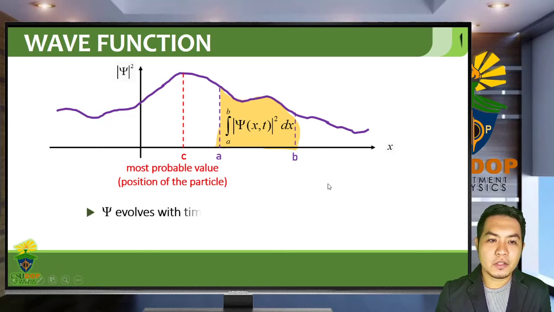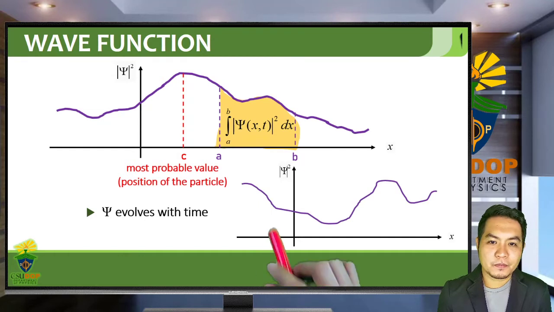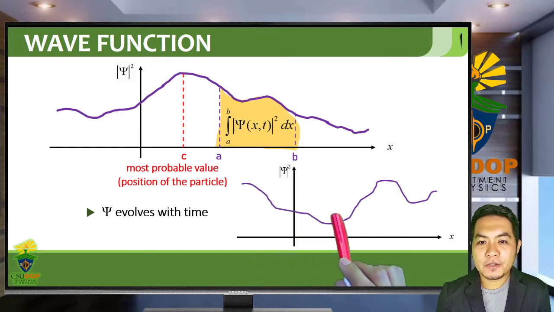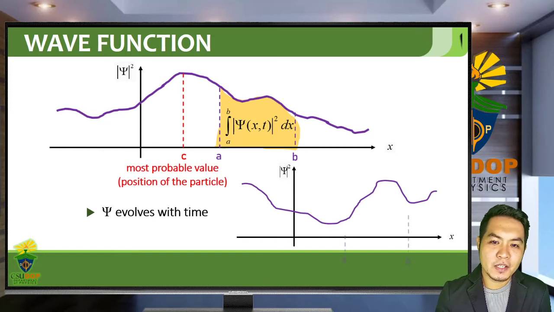But take note that based on the Schrödinger equation, the wave function evolves with time, meaning at a certain time, the shape of the wave function, or the curves of the wave function, will change, meaning the probability between A and B may also change. So in general, probability is actually time dependent.